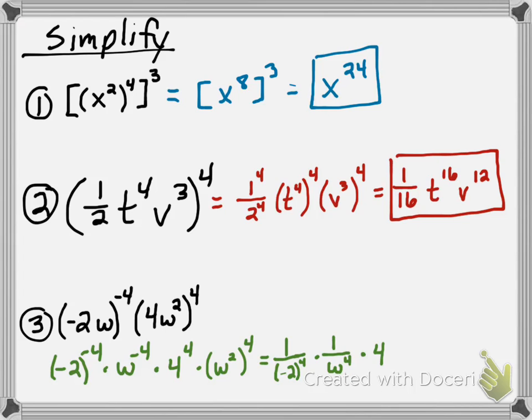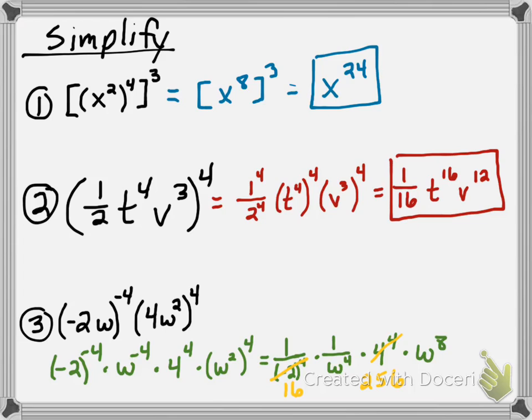And then I still have 4 to the 4th times w squared to the 4th. 2 times 4 is 8, so w to the 8th. Now I can simplify some of these. I know that negative 2 to the 4th power is just 16, and I know 4 to the 4th power is just 256.